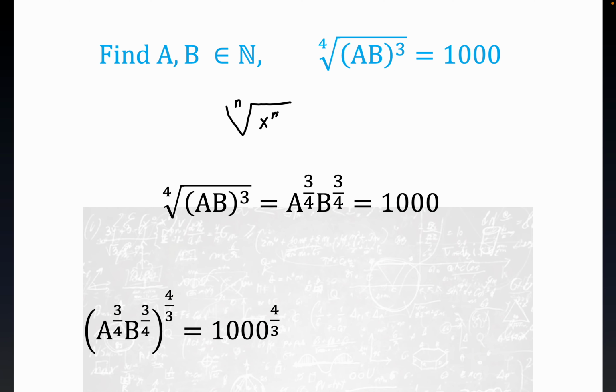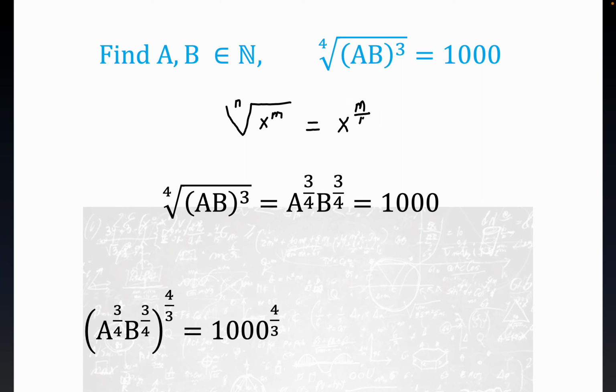The connection here is that you can rewrite this as x to the m over n. And so you have this nice linkage between rational exponents and radical notation.